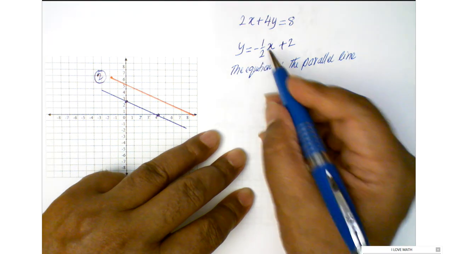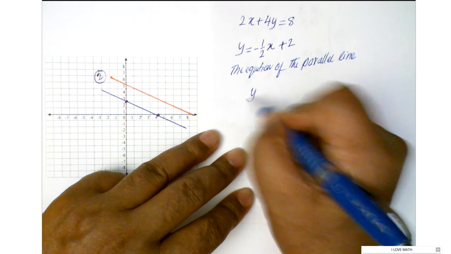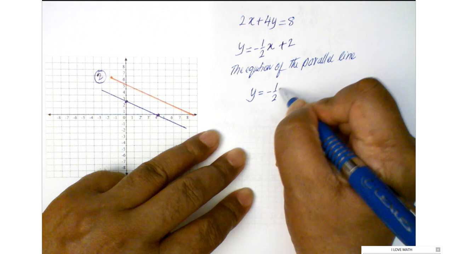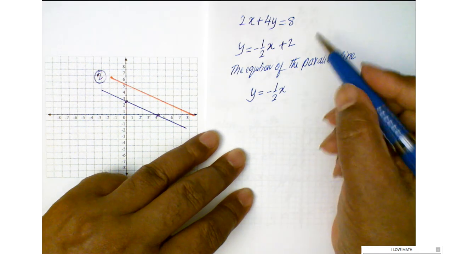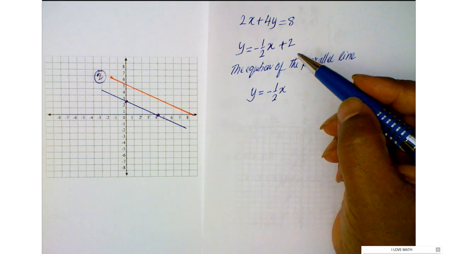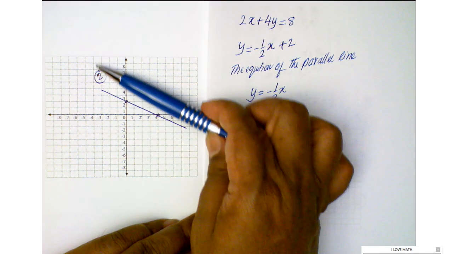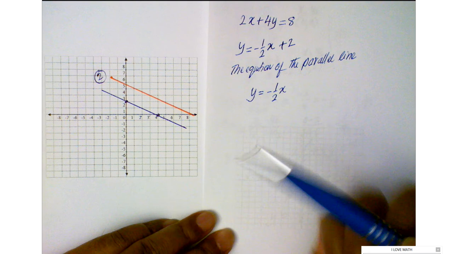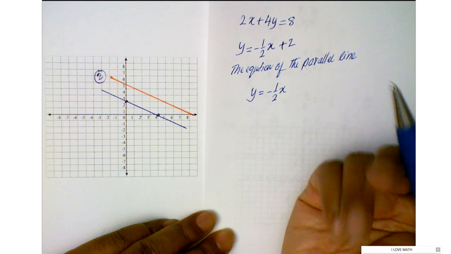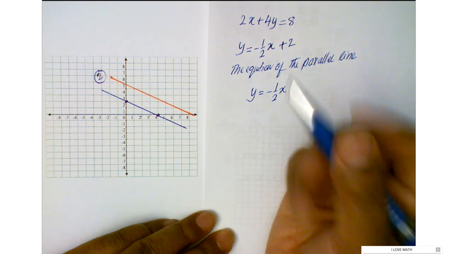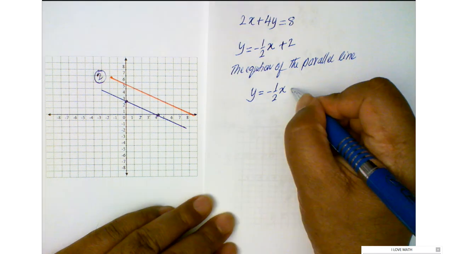They will have the same slope. So we know at least y is equal to negative 1/2 x. They should have the same slope. However, they are going to have a different intercept, right? So the y-intercept could be different. This one has almost 5.5, right? Almost 5.5 y-intercept. So we can say plus 5.5.